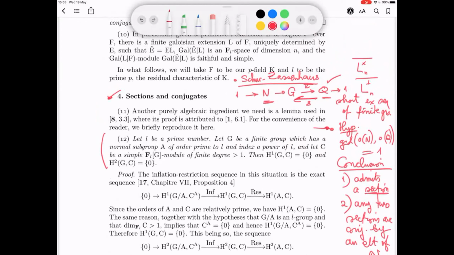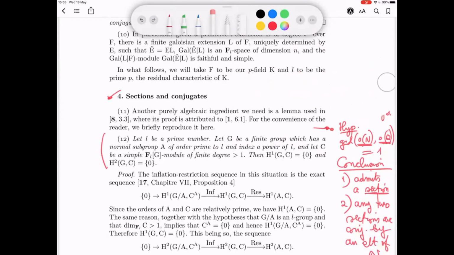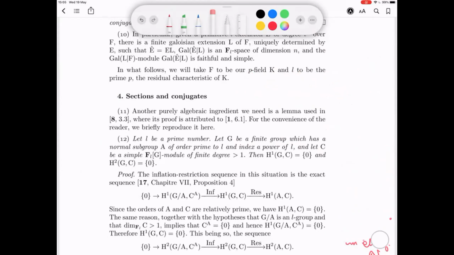I need information about splitting of sequences where the orders of the subgroup and the quotient group are not necessarily prime to each other, but they are of somewhat special type. Here they were completely arbitrary finite groups. Let me explain the result that we are after.